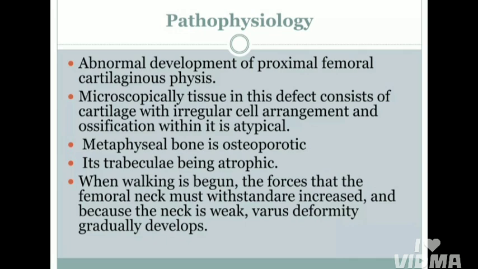Metaphyseal bone is osteoporotic and its trabeculae are atrophic. When walking is begun, the forces that the femoral neck must withstand are increased, and because the neck is weak, varus deformity gradually develops.